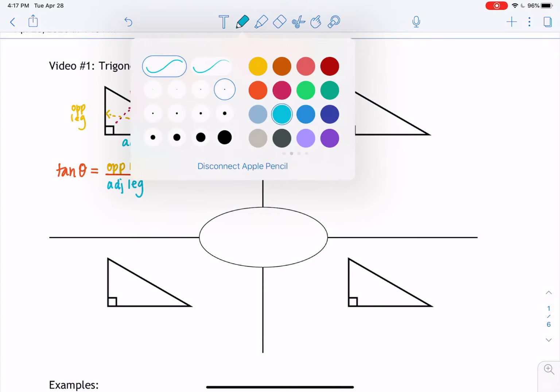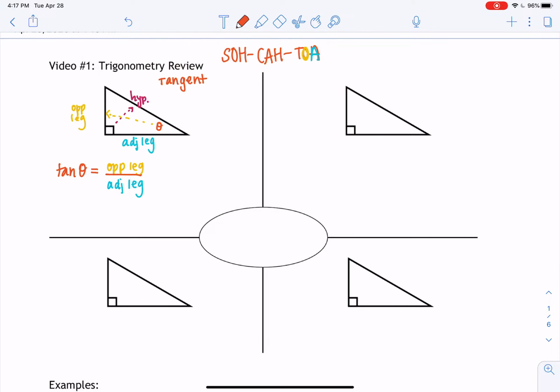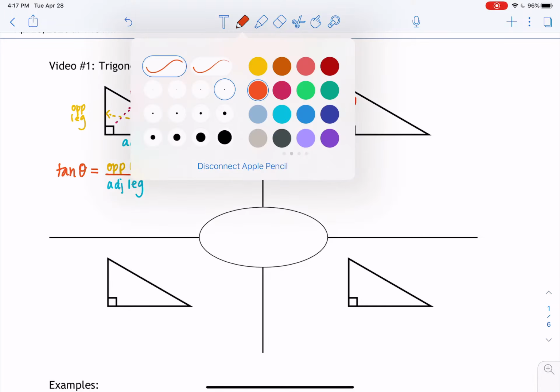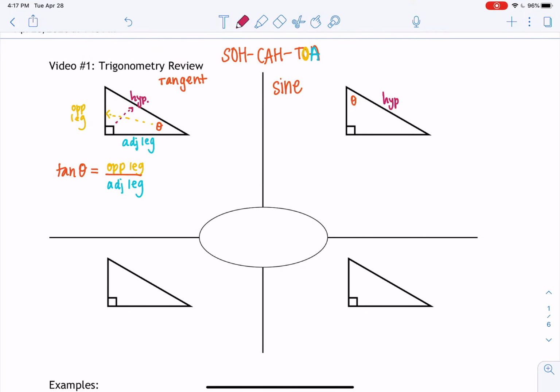The next trig ratio that we talked about was sine. So again, let's put theta here. You still have your hypotenuse. The opposite leg is now this leg because it's across from theta, and the adjacent leg is the one touching theta.